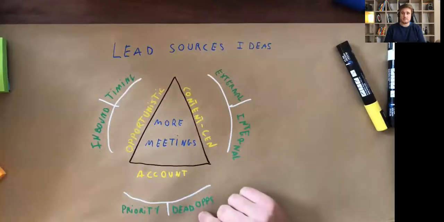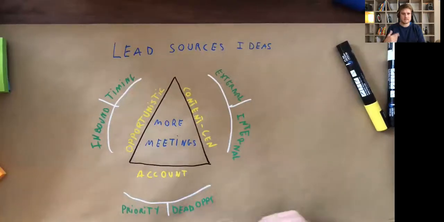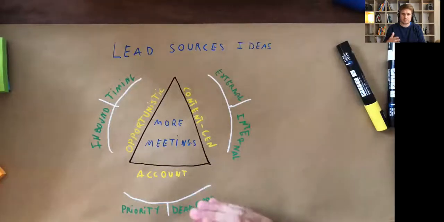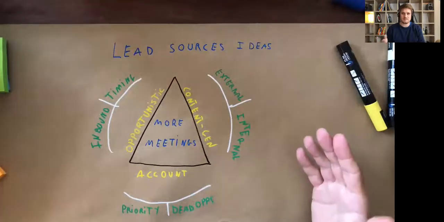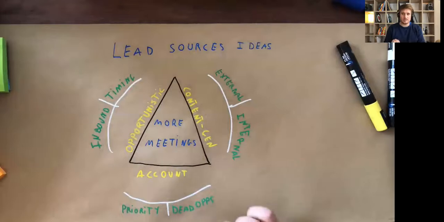This is one of the easiest places to actually book meetings and generate new opportunities, because there are 2 types of people in your pipeline. There are those who closed and those who will close. That's how I like to see it. So dead opportunities are a really great way to get in touch.